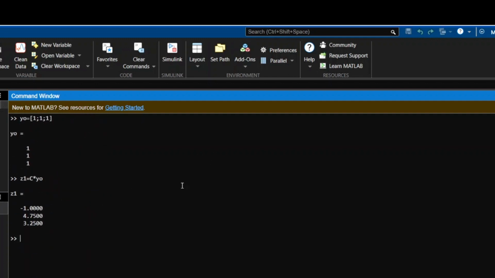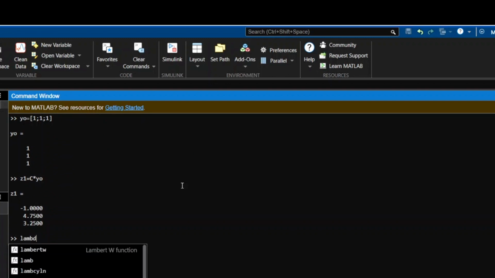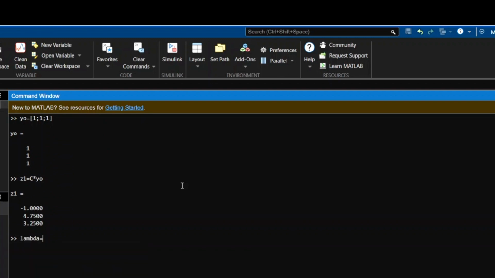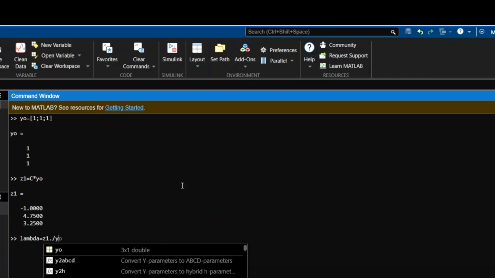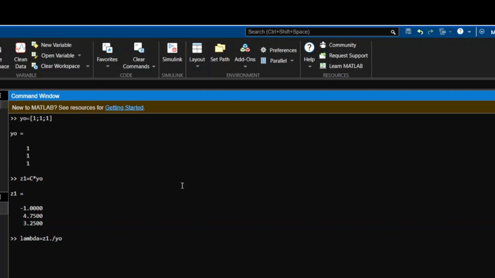Now here I define lambda equal to Z1 by y naught, that is every entry of Z1 divided by every entry of y naught. So lambda is basically the eigenvalue; I am checking for eigenvalues. Now see here, it is coming out to be different, right? My dominant eigenvalue should be the same for all, but it's coming out different: minus 1, 4 and 3. So our solution has not converged yet.